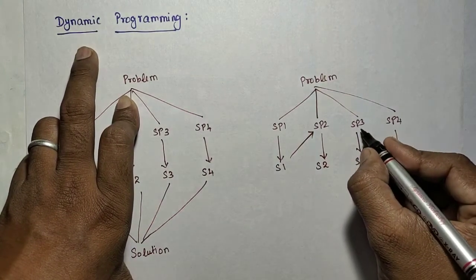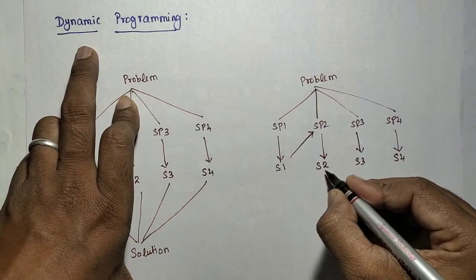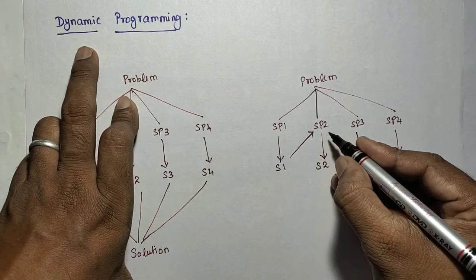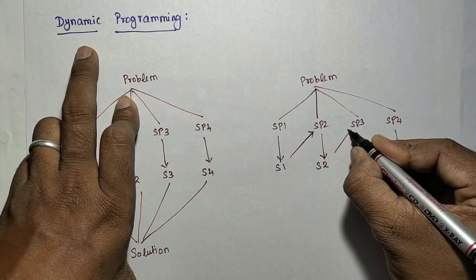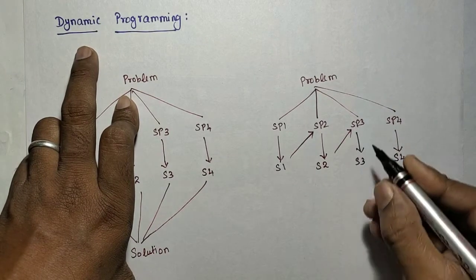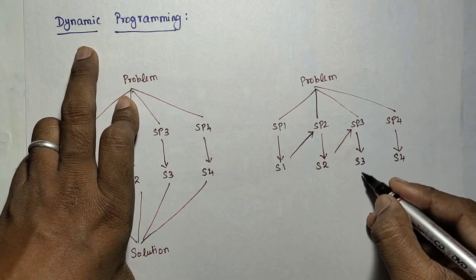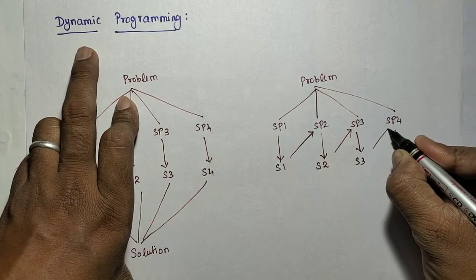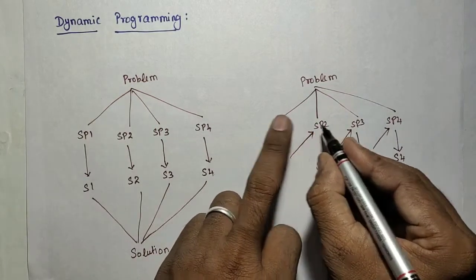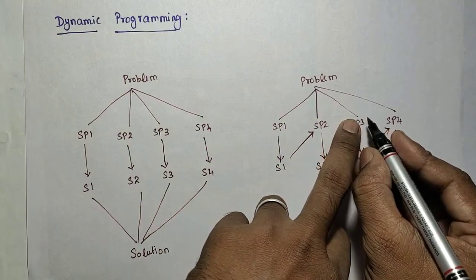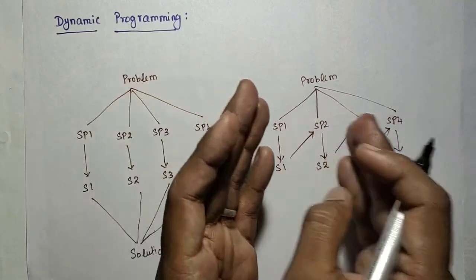Similarly, for finding solution 3, subproblem 2 is solved and we get solution 2, which may be needed for subproblem 3. Similarly, solution 3 may be needed for subproblem 4. Here n equal to 1, 2, 3 and 4, that is, sizes 1, 2, 3, like that.